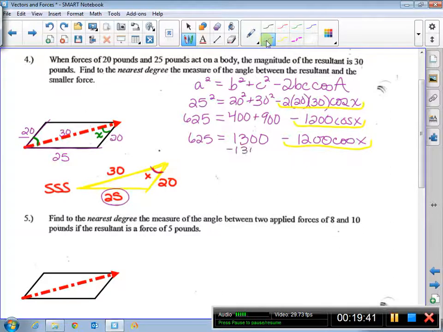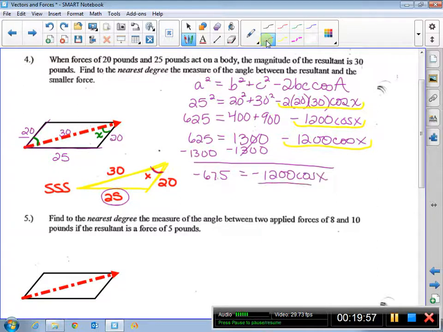We subtract this guy over. So on the left we have negative 675. On the right of the equation, we have negative 1,200 cosine x, and let's divide. So cosine x is a decimal, negative 675 divided by negative 1,200.